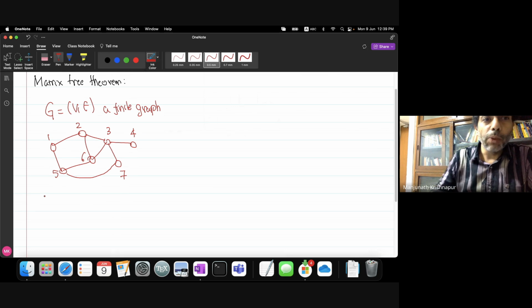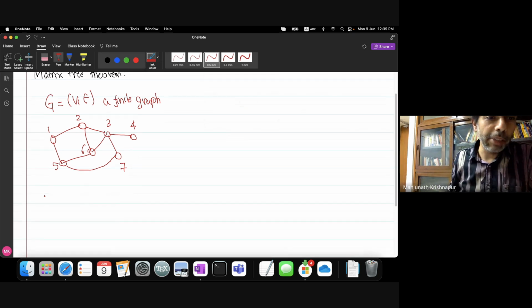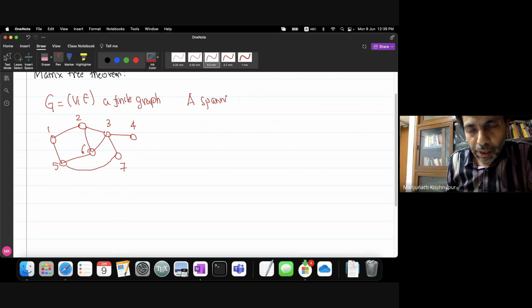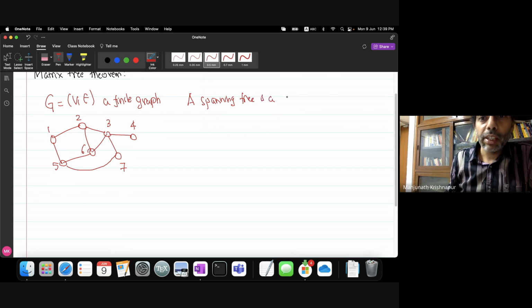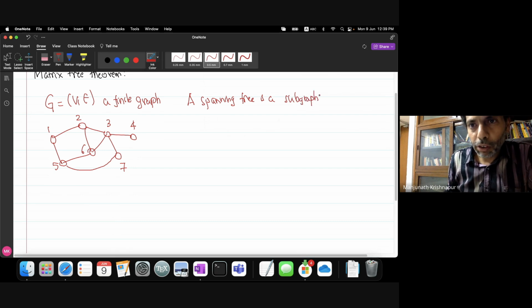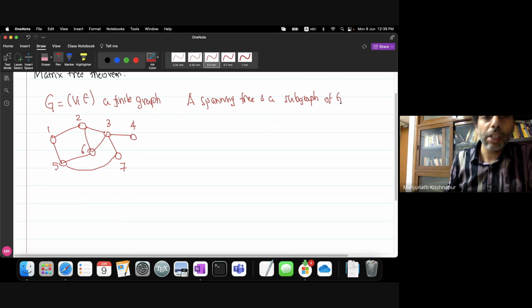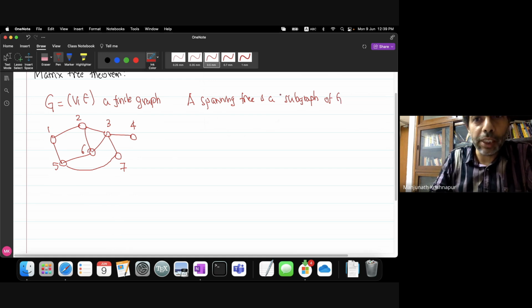So here what this matrix tree theorem does concerns a spanning tree. A spanning tree is a subgraph of G. Subgraph of G means you choose a subset of vertices and edges, but here I say spanning, so containing all vertices.